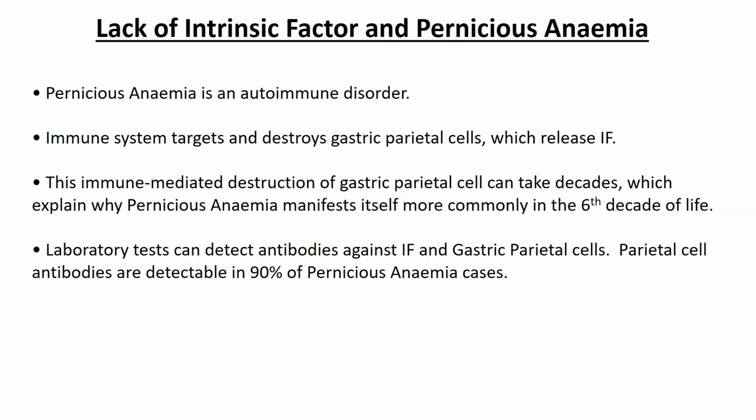Over time, your immune system can, for some reason, recognize your parietal cells as being foreign, and it destroys those parietal cells. Remember, those parietal cells are important for making intrinsic factor. So those cells are destroyed, and you don't get the production of intrinsic factor.